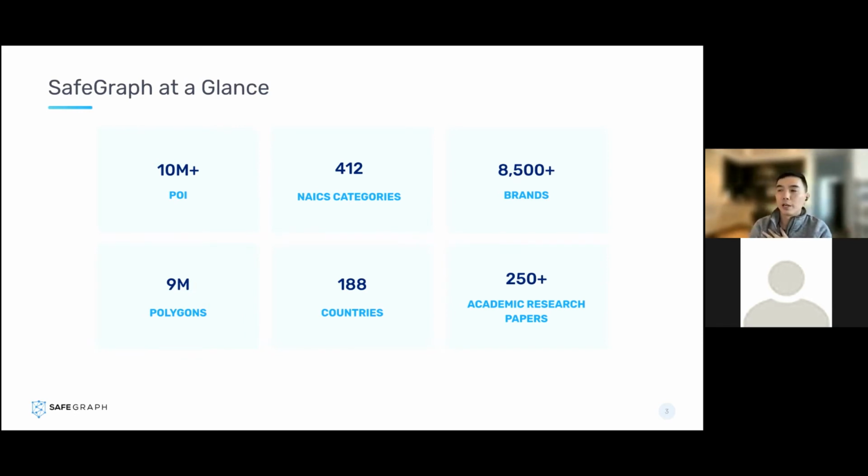And each row in our places data set, which encompasses several different types of columns, is something we call a point of interest, a POI. And in our data set as of today, we have about 10 million points of interest across the US, Canada, and Great Britain. So that's in the top left. So 10 million places on which you can find information in the world.